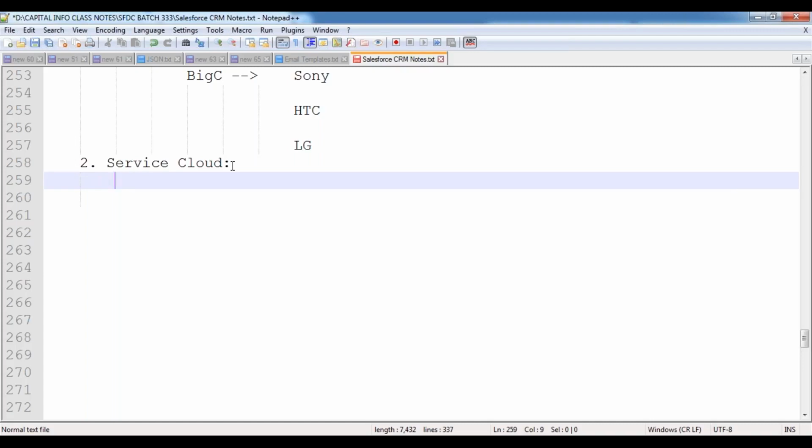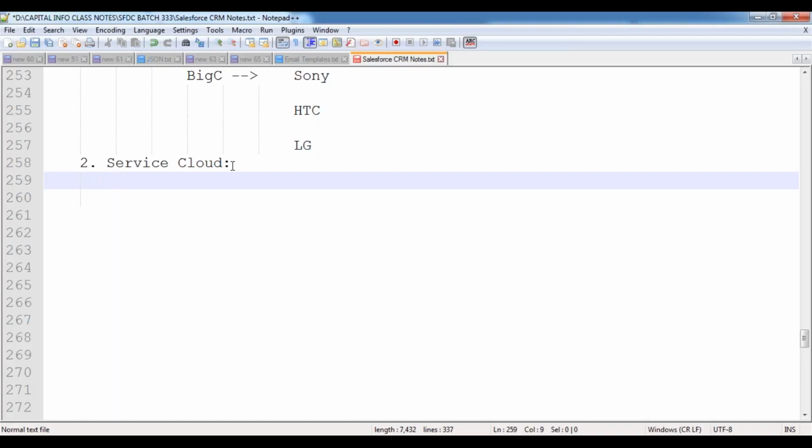By using these Service Cloud features, we can automate all the processes which we are following upon giving the services to the customer. I will explain what kind of processes, one by one. So Service Cloud features are used to automate all the service processes which we are following inside our organization while giving the services to the customer.